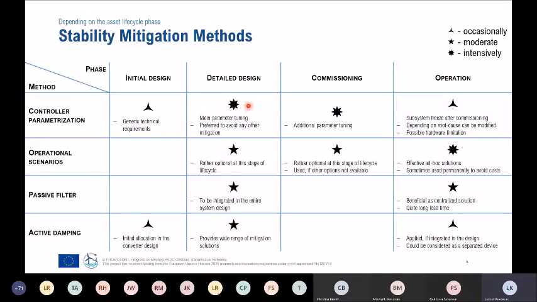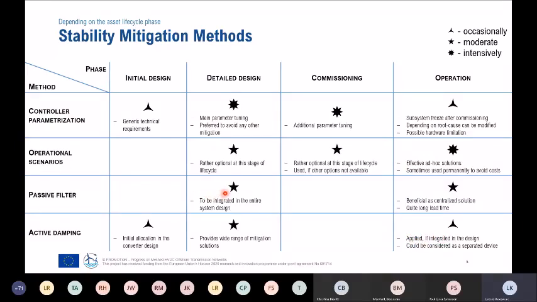However, sometimes maybe insufficient, and therefore there are other aspects like additional, for instance, active damping, which might require some extra hardware, sizing or reinforcement in order to accommodate that functionality. Sometimes it could also be considered as an additional device that could be applied either in the design phase or as a mitigation measure during the operations.